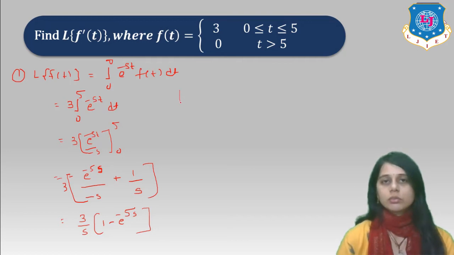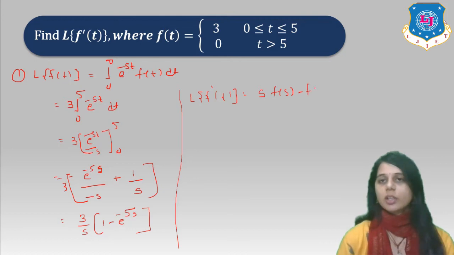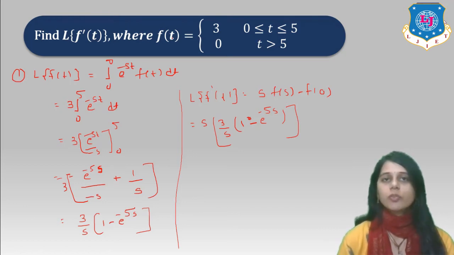Now we have to find Laplace of f dash t. Formula is s F of s minus f of 0. For s F of s, 3 by s, 1 minus e raised to minus 5s, times s. Now we are putting t equal to 0.